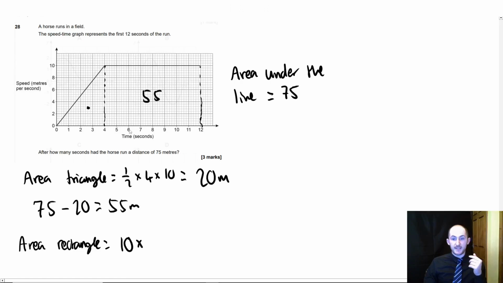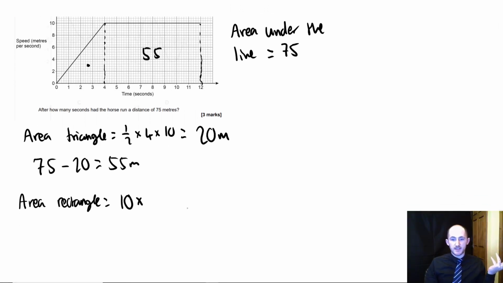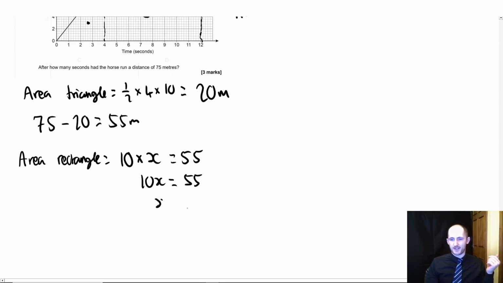Now the base, I don't know, so I'm going to call it x. So 10 times x equals 55. So 10x equals 55. x equals 5.5 seconds. Now that isn't the time, okay?